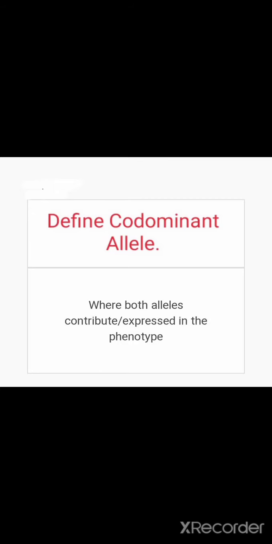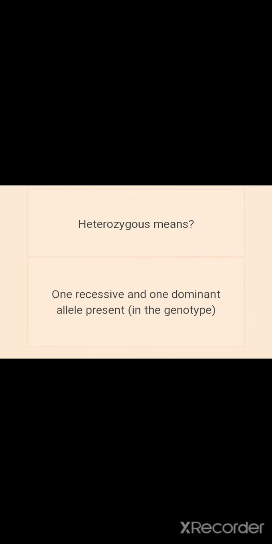Next question is, define codominant allele. And the answer is where both alleles contribute or are expressed in the phenotype. What does heterozygous mean? Answer is one recessive and one dominant allele present in the genotype, then the genotype is said to be heterozygous.